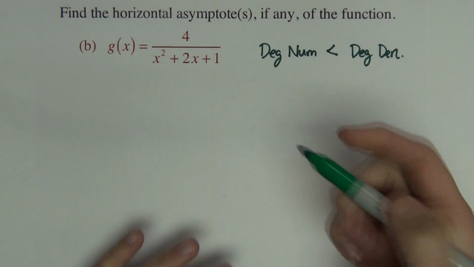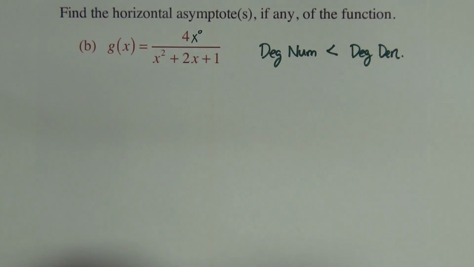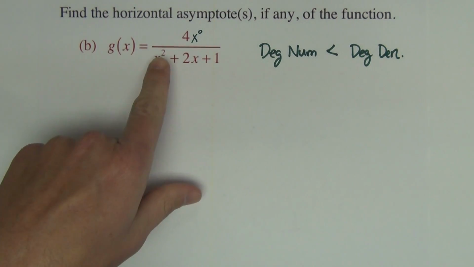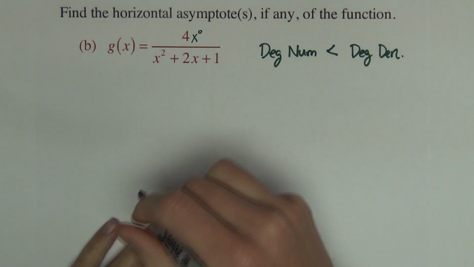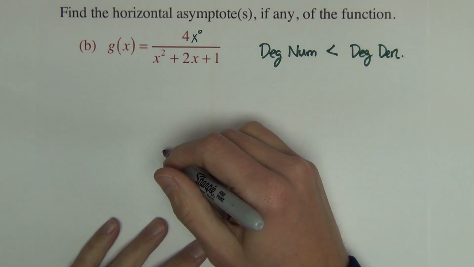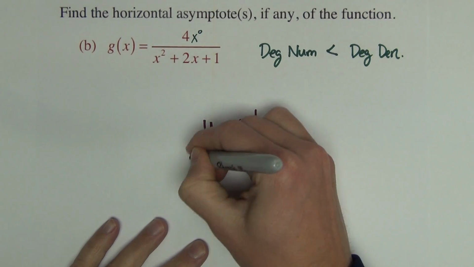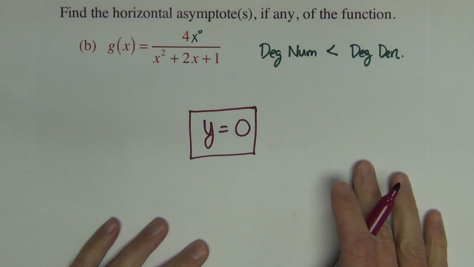It's less than because the degree up here is 0, because there isn't an x, so degree of 0. So we've got a 0 degree and a second degree. And when the degree on the numerator is less than the denominator, the horizontal asymptote by rule is always just simply y equals 0 every single time.